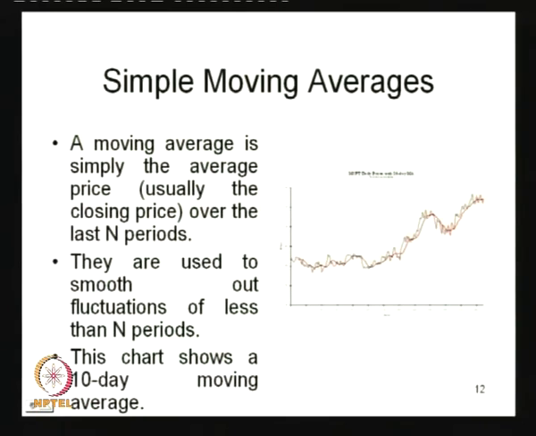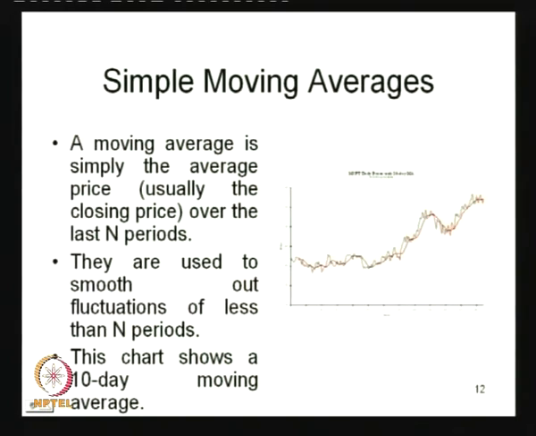But what exactly is a moving average? A moving average is the average price, usually the closing price, over the last n periods. N is the number of periods, and it is used to smooth out fluctuations of less than n periods.